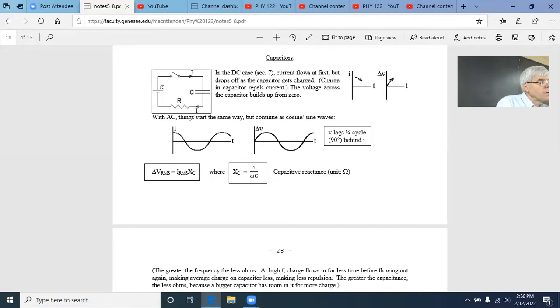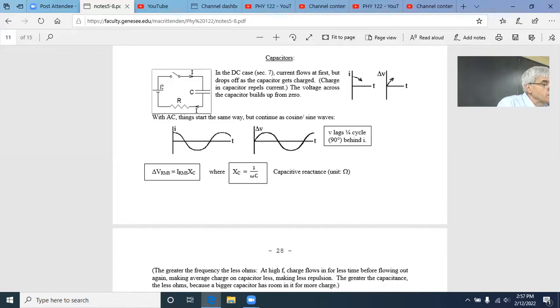Now, the other thing I want to address, it's the same two questions for capacitors that I had for resistors. What's the phase angle and what determines how many amps flows when you apply a given number of volts? Some relationship that'll play the role of Ohm's law. Well, we have this thing called capacitive reactance, which is measured in ohms, just like resistance is.